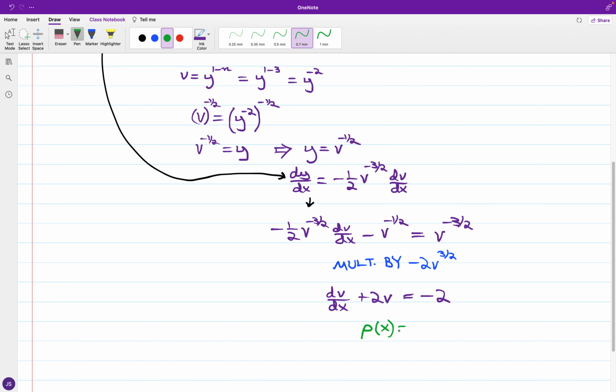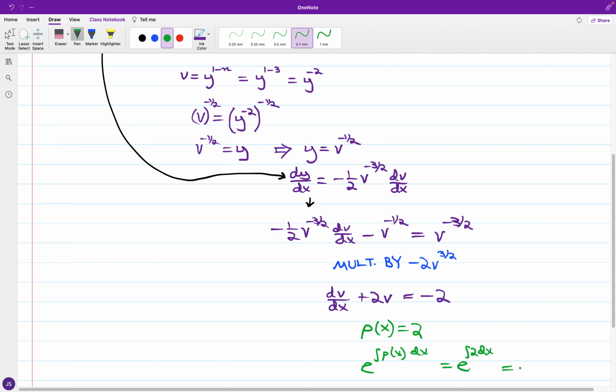Looking at the integrating factor, we're going to have e to the integral of p of x dx, and that is equal to e to the integral of 2 dx, and so we have e to the 2x.